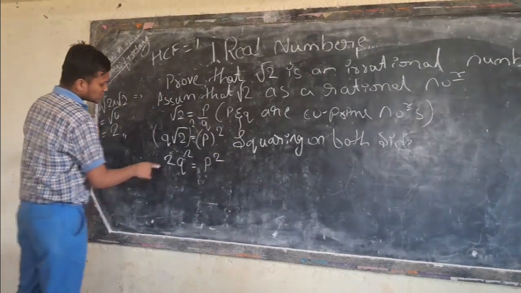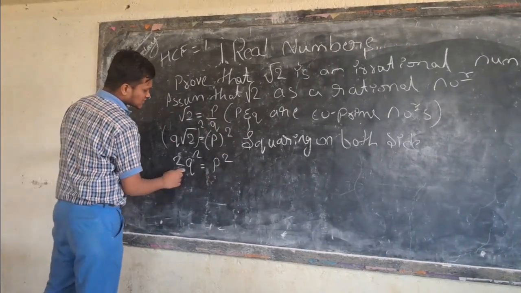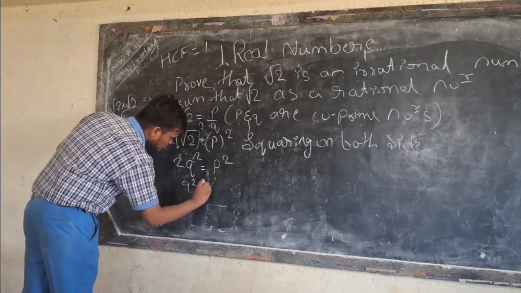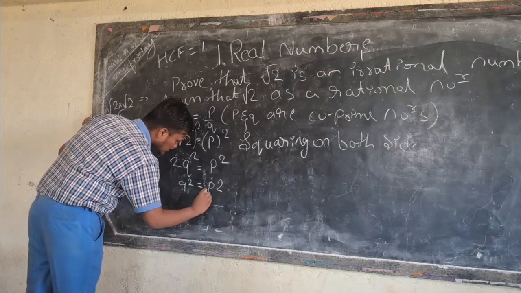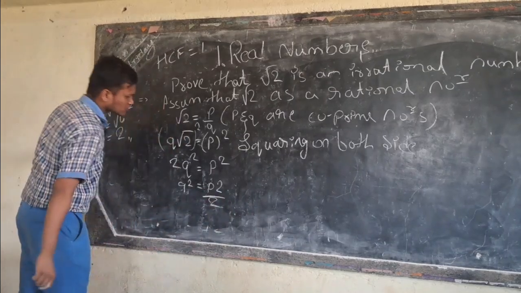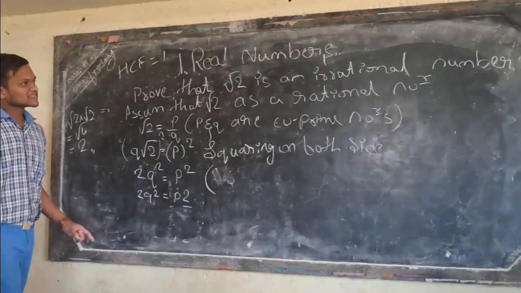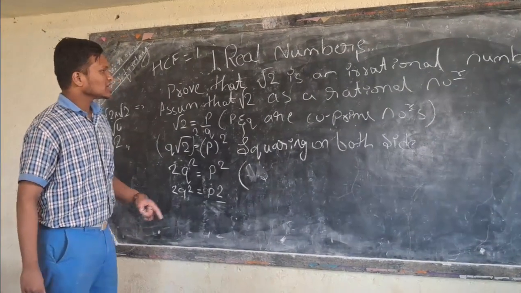And here this 2 will divide p square. Q square is equal to p square divided by 2. There is another theorem you will learn about.